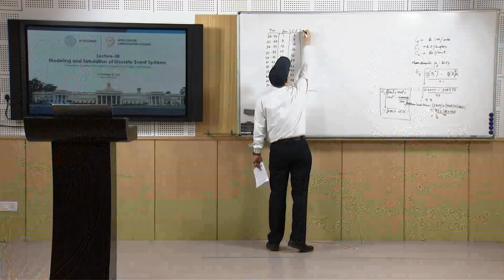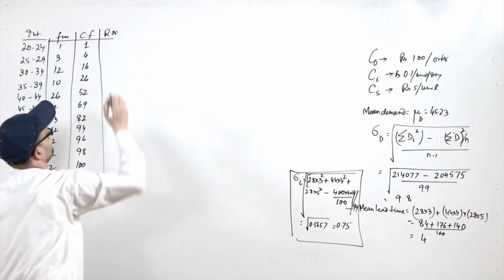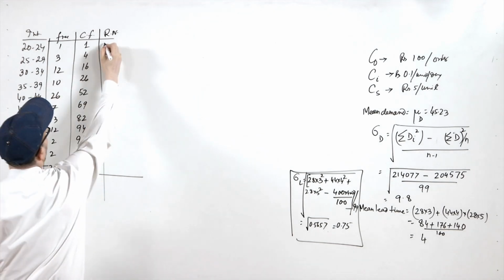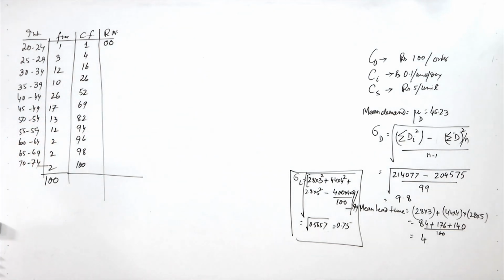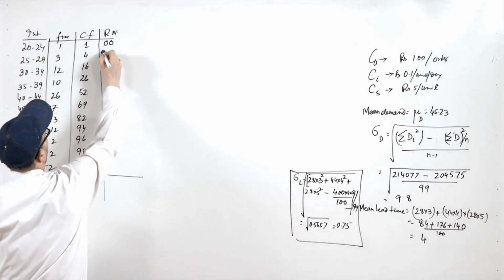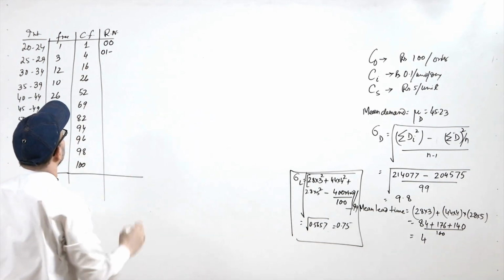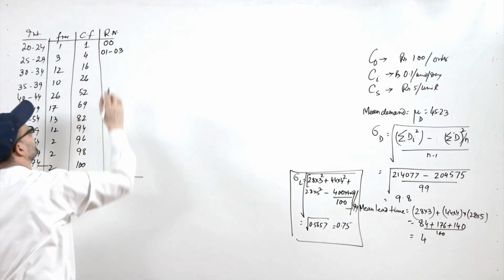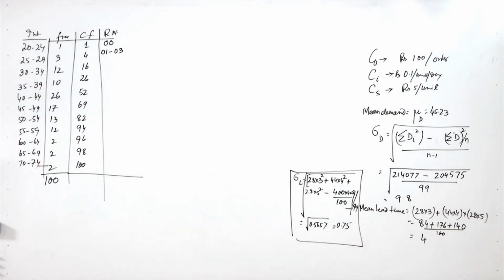If you assign the random numbers as we discussed, the first random number will be 00. If the random number comes 0, it will take that demand to be 22. Similarly, from 01 to 03, this is the random number range for the demand of 27.